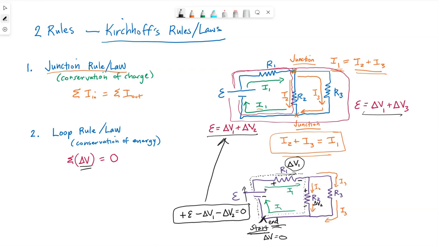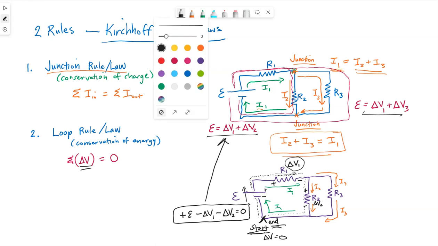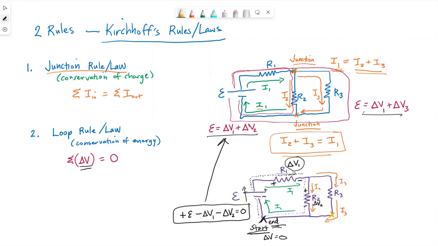So this loop rule, the difference between what we did before and what we're doing now is that we're going to start and end at the same location, and thus the difference overall will be 0. And so all the delta V's we see will be on the same side. The other delta V we could look at, let's say I started down here, bottom right corner.